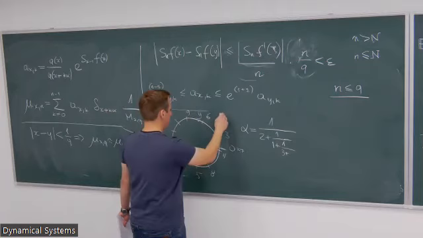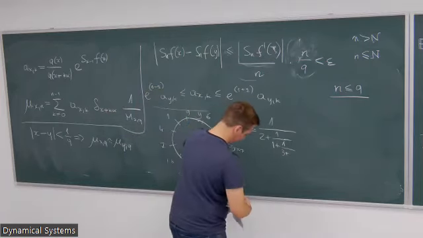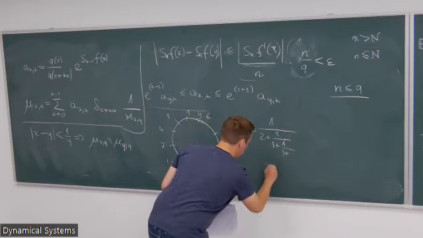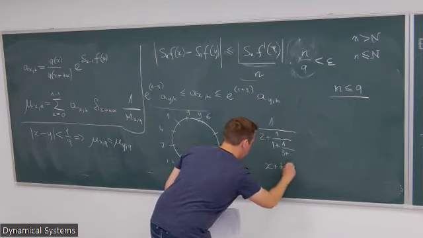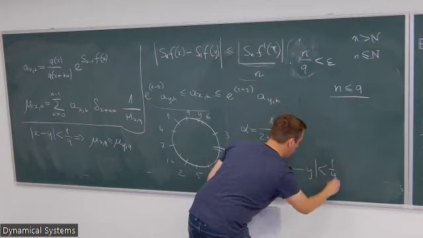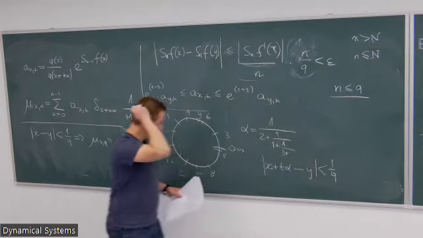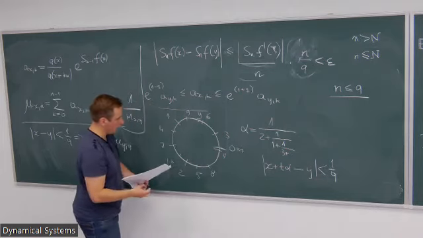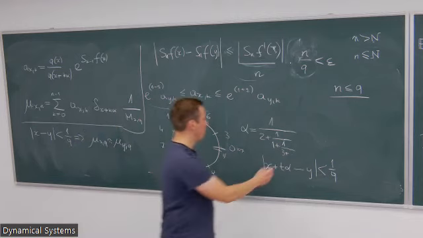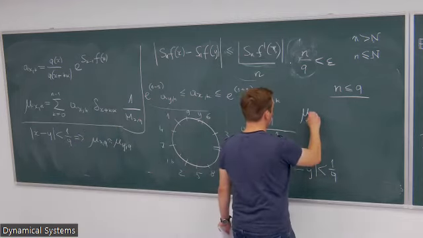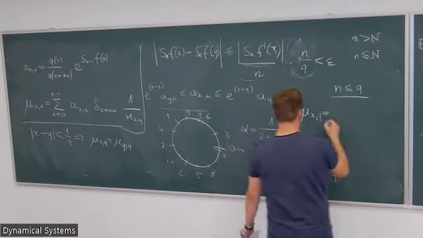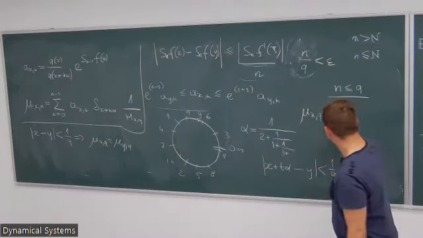Okay. So we define t to be such an index that x plus t alpha minus y is less than 1 over q. And then we decompose this measure mu x q as a convex combination of two measures.